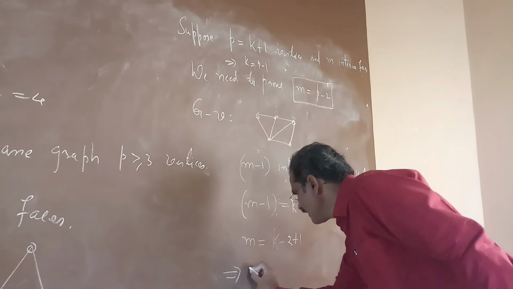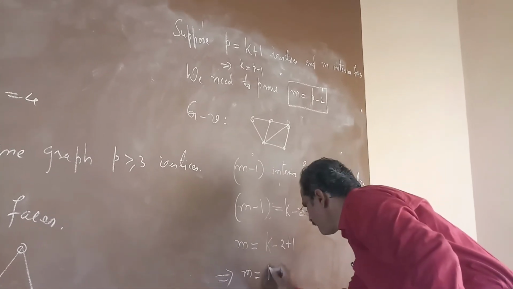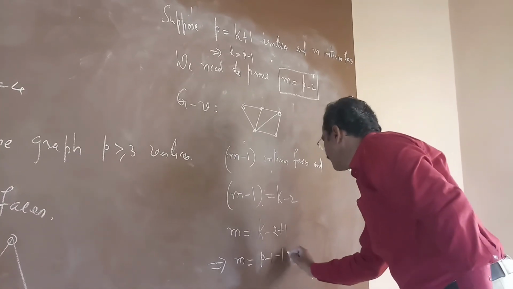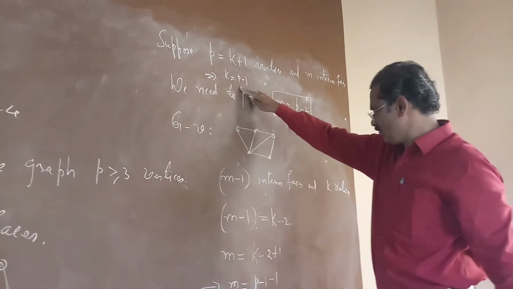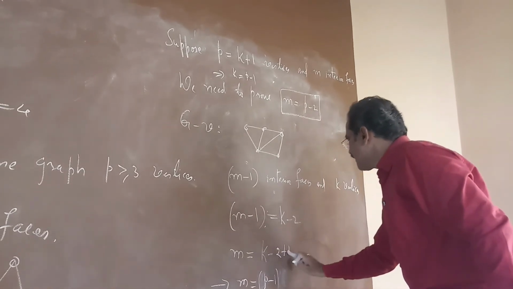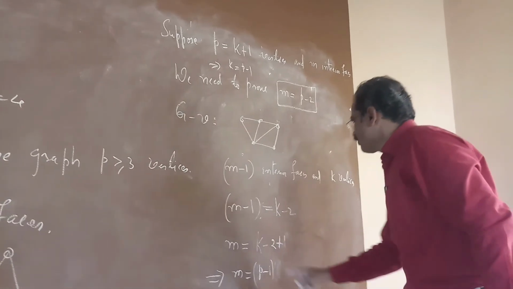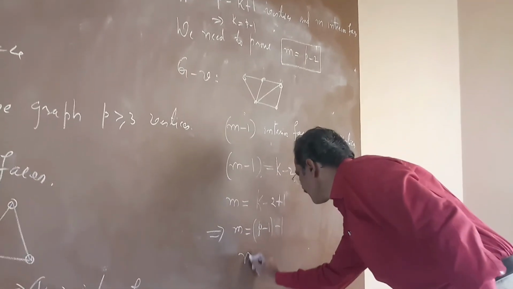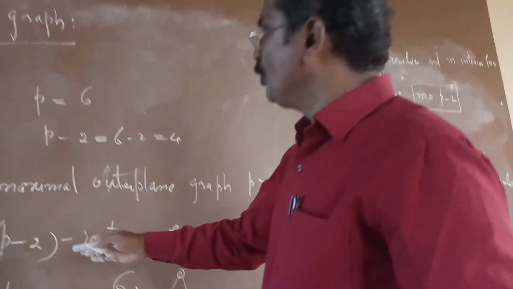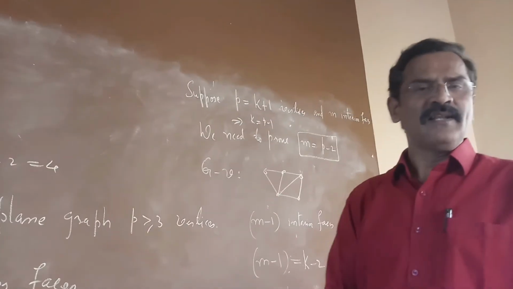So M equals P minus 1, minus 2, plus 1. Therefore M equal to P minus 2. So this was the result we needed to prove. So we got it. Therefore it has P minus 2 interior faces.